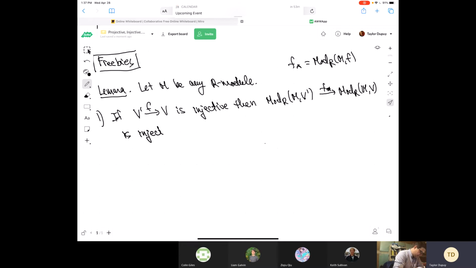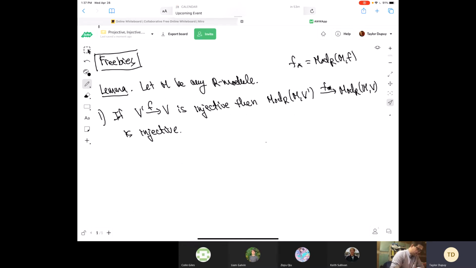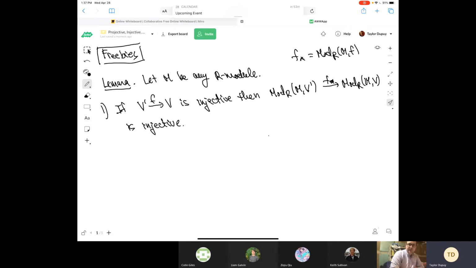So the freebie is that you don't need to be projective to take injections to injections.